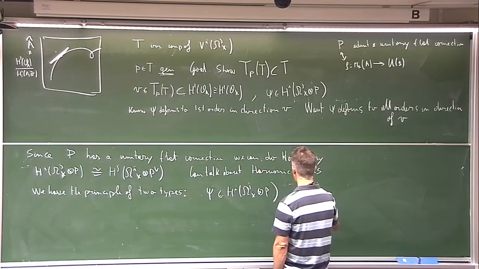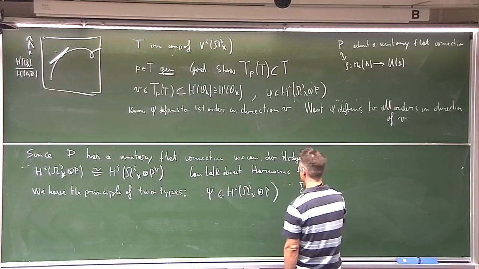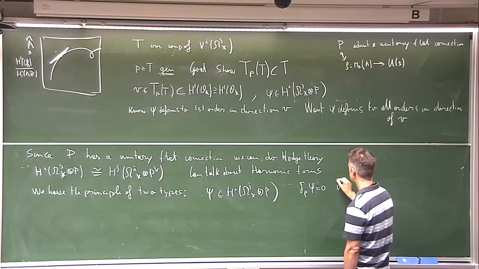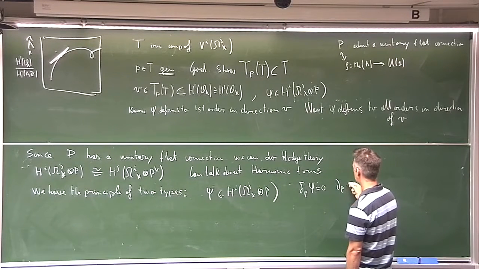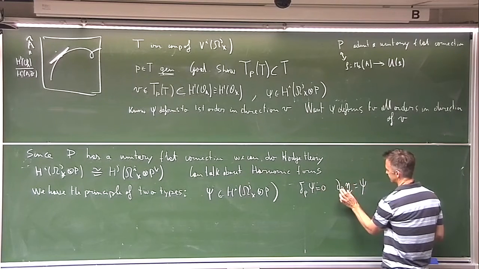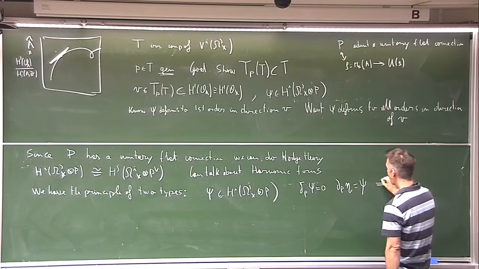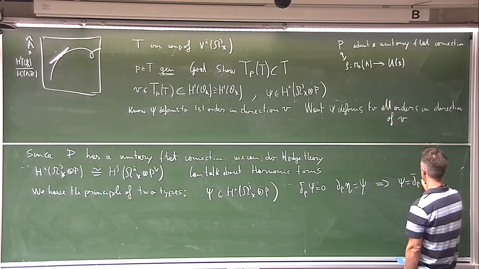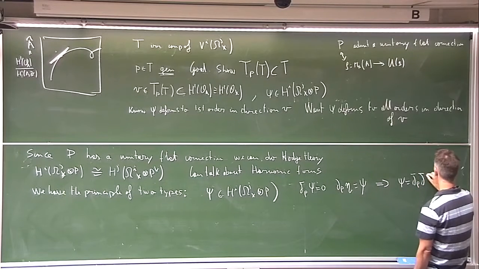∂̄_P of ψ is equal to 0, and it is, let's say, ∂ exact. So it's closed for ∂̄, exact for ∂, then ψ is ∂̄_P ∂ of some γ.